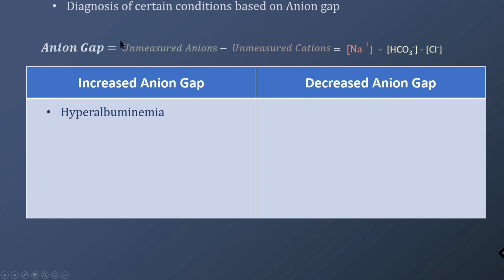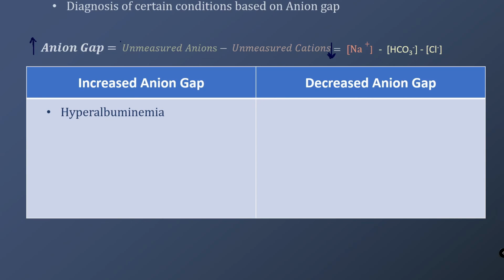Another thing: if unmeasured cations decrease, it can also raise anion gap, right? What are the unmeasured cations? Yeah, potassium you can say, but potassium is not much significant here.